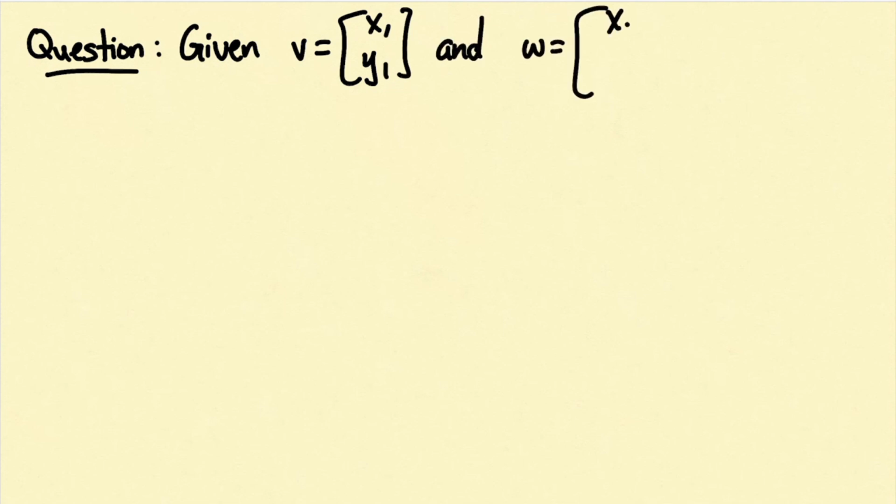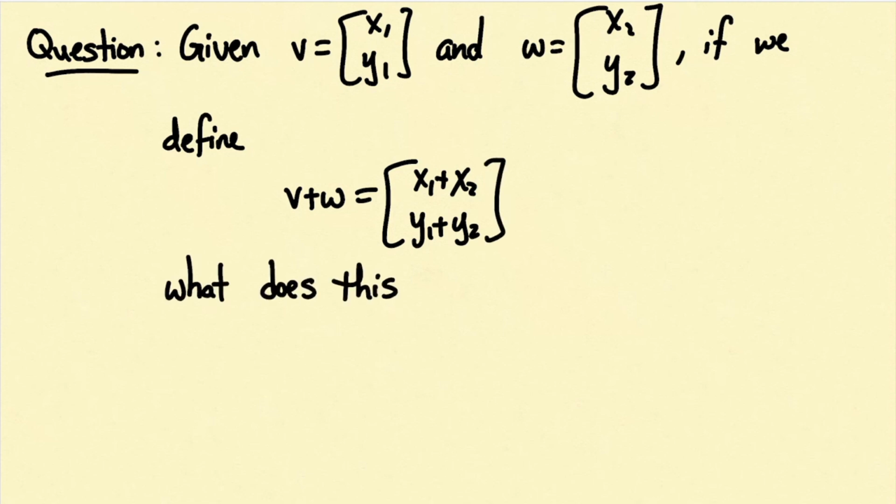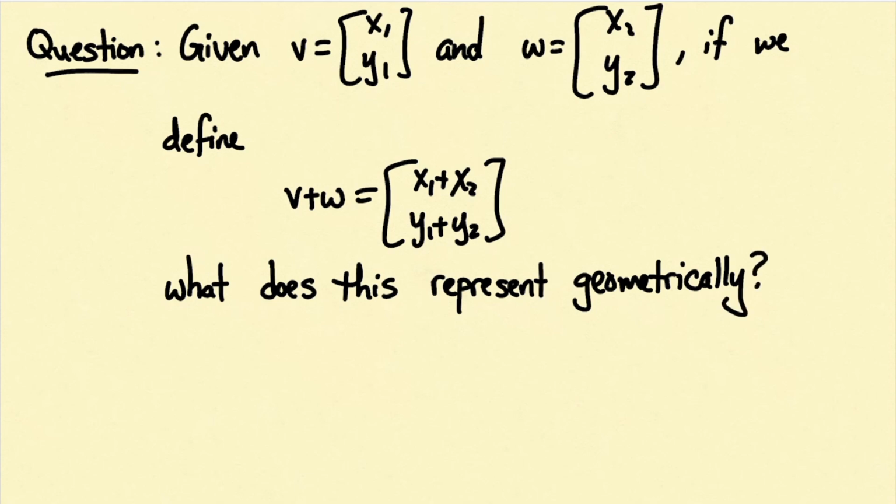We would like to ask the question, given two vectors, v, which is (x1, y1), and w, which is (x2, y2), can we, given the component-wise sum of these two vectors, make sense of v plus w geometrically?